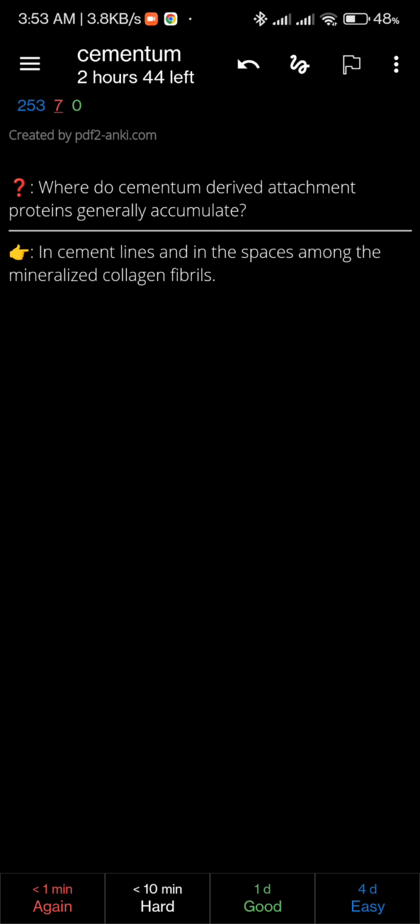Where do cementum derived attachment proteins accumulate?